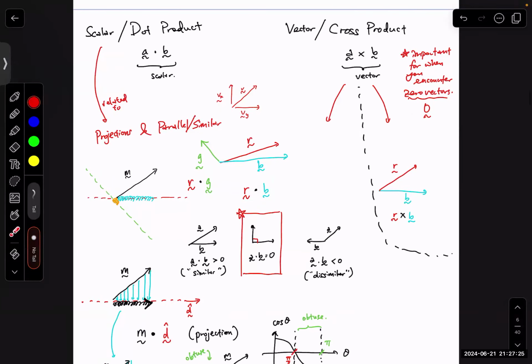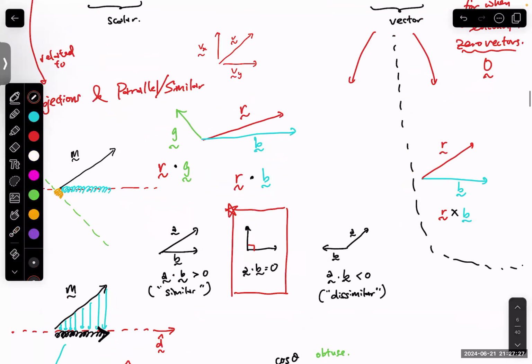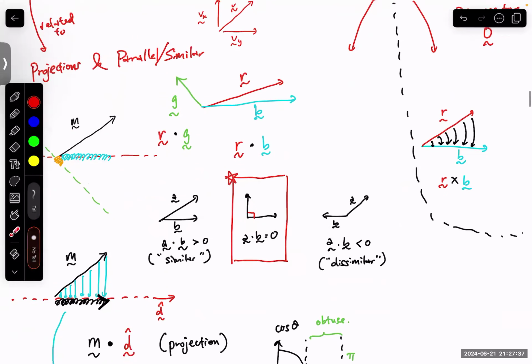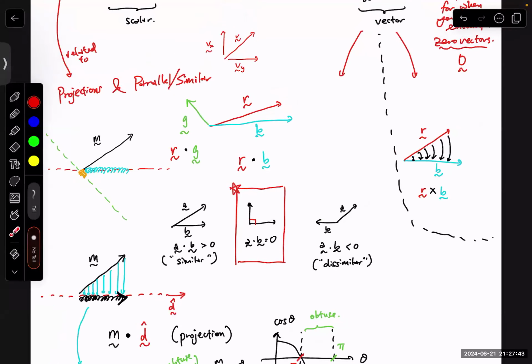So you should think of it as this. It still looks somewhat similar because I draw the arrows like that. So this picture and this picture, you have a bunch of arrows, but it's slightly different.